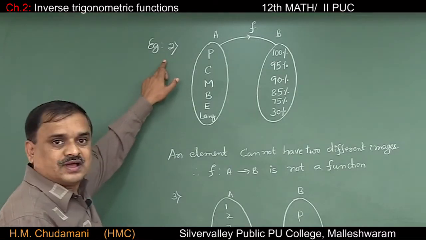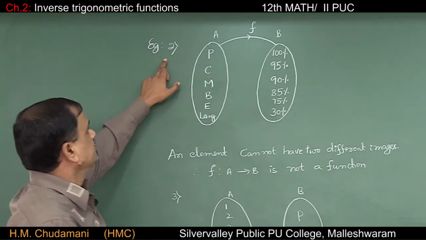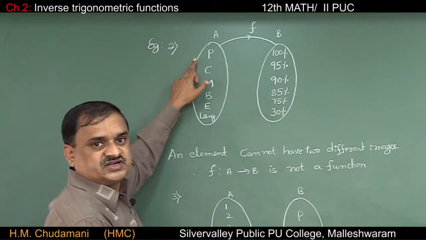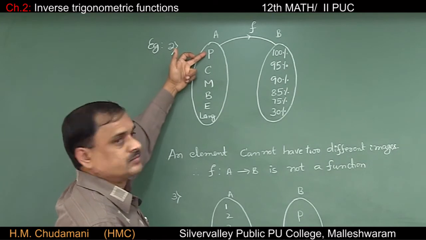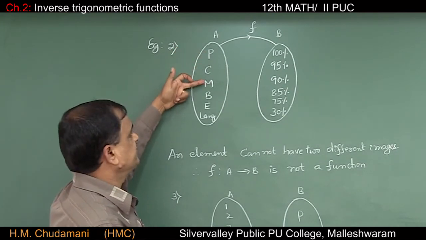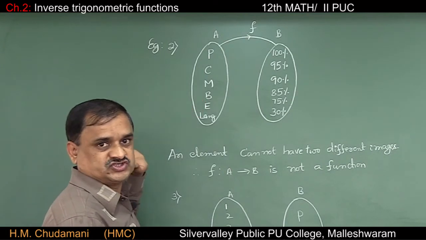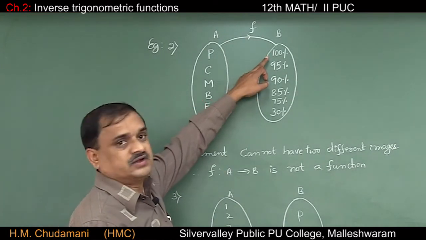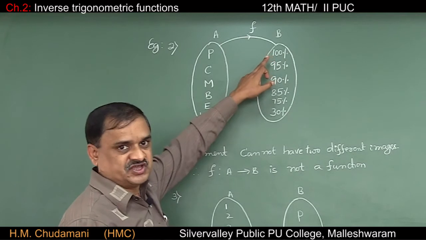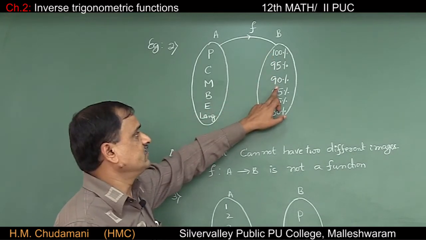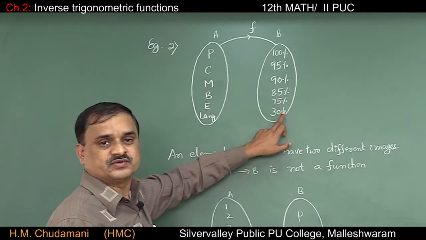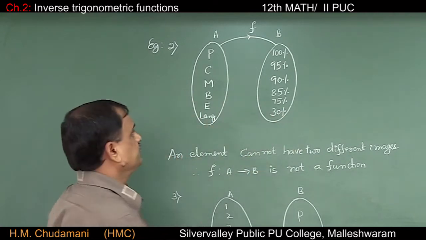Let us take another example. The set A consists of physics, chemistry, maths, bio, English and language. And the set B is percentages: 100, 95, 90, 85, 75, 30 and so on.